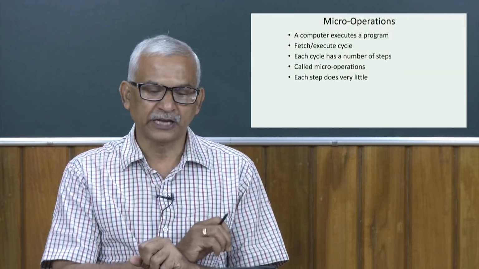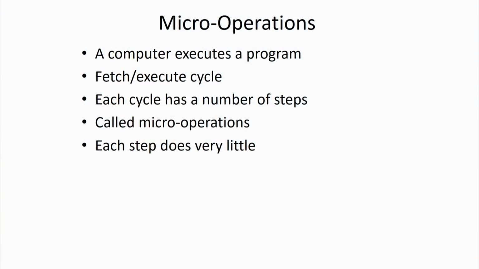In every cycle we may again have several subtasks, and by combining all those subtasks we complete the fetch cycle. Similarly, in the execution cycle we perform different subtasks. After completing those subtasks, we say that the execution cycle is over.